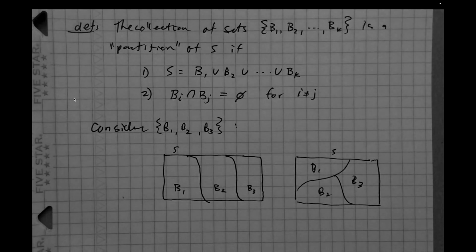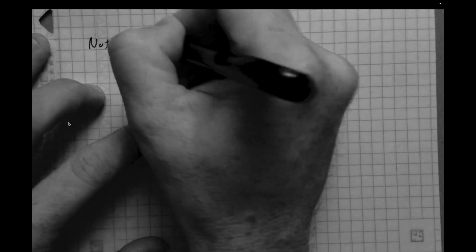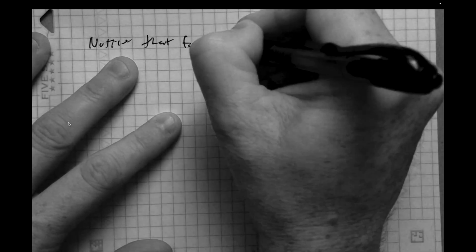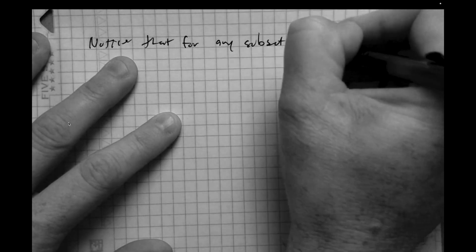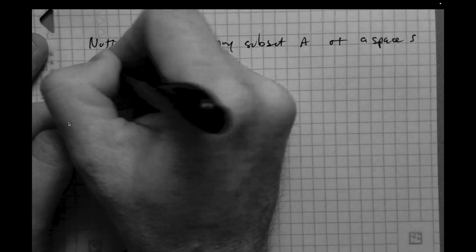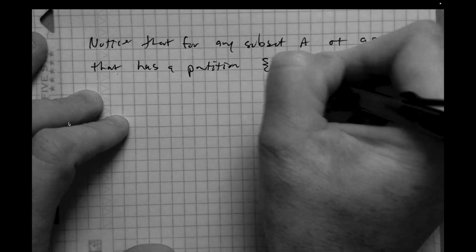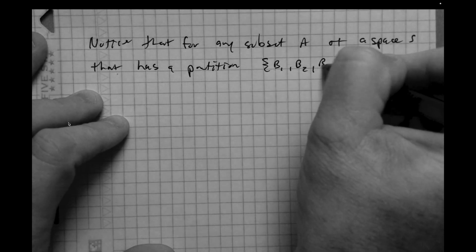Now, this will come up when we get into the proof of the law of total probability, but it is nice to lay this out ahead of time, because this is a key idea when describing the law of total probability. So notice that for any subset A of a space S that has a partition B1, B2, B3, we'll start with 3.